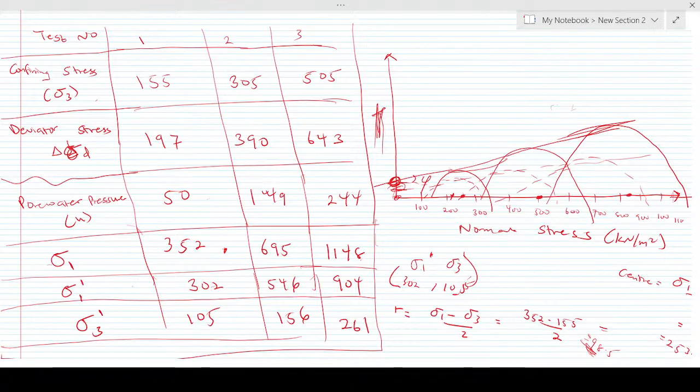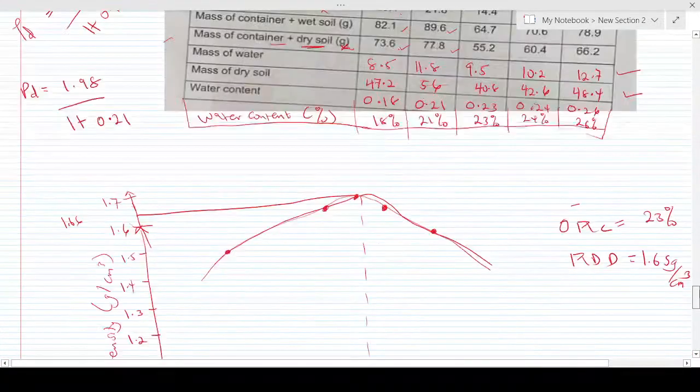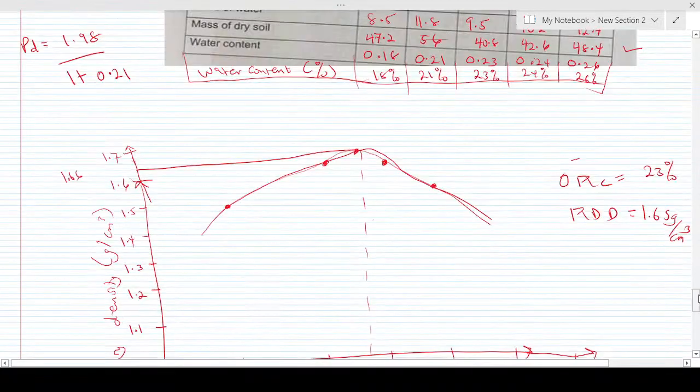And also under compaction, where did we do the compaction? I think there was a question in compaction. In compaction, we have something we call an air void line. I think this was an MCQ question.